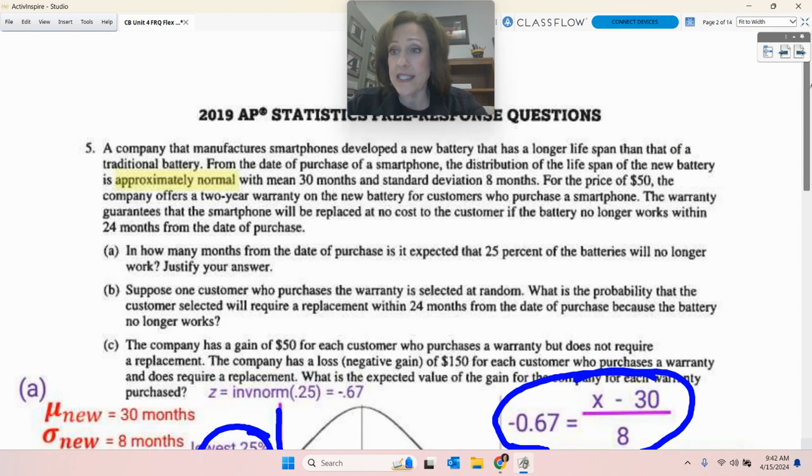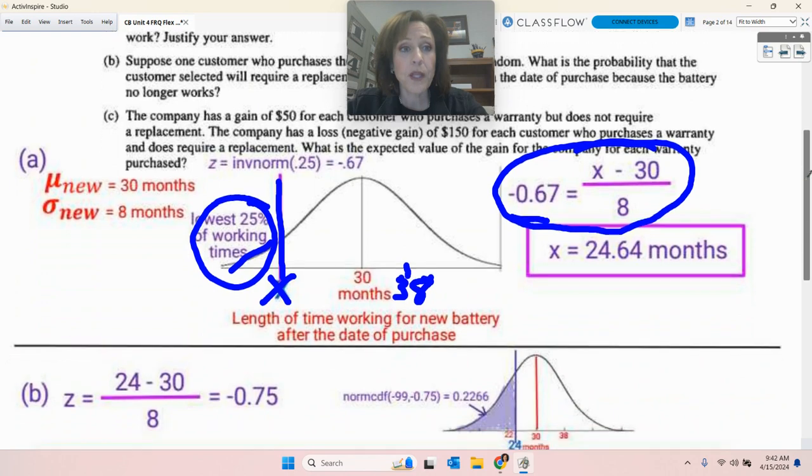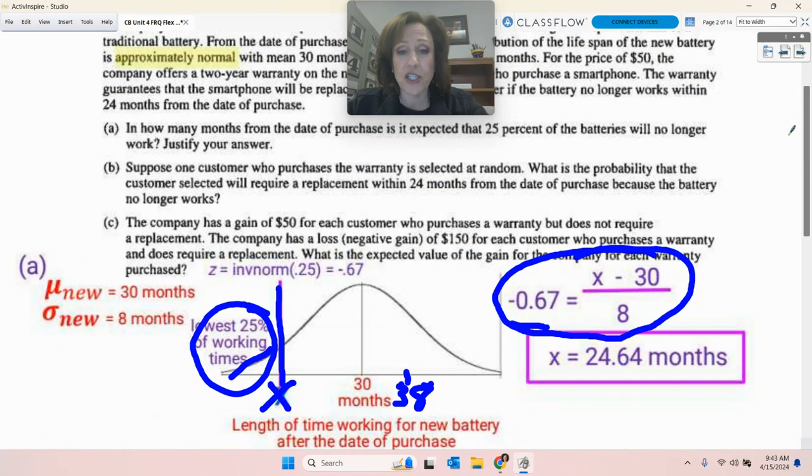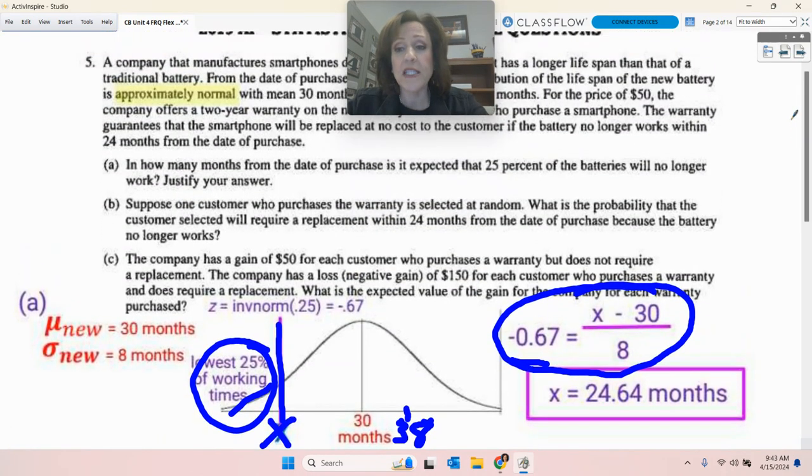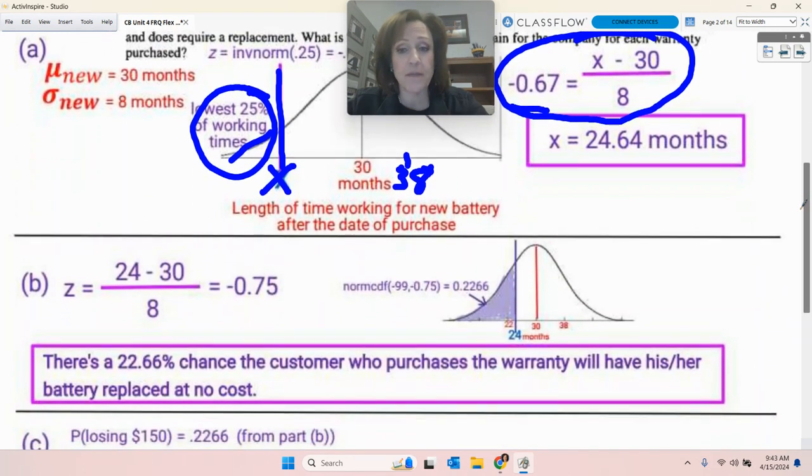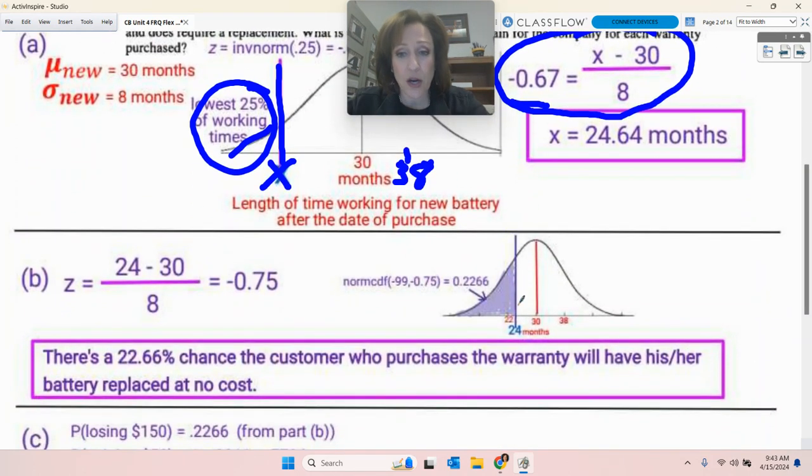The second part said, suppose one customer purchases it, what is the probability that that customer will be required to replace it within 24 months from the date of purchase? So I'm setting up again this normal model with a mean of 30 and a standard deviation of 8.